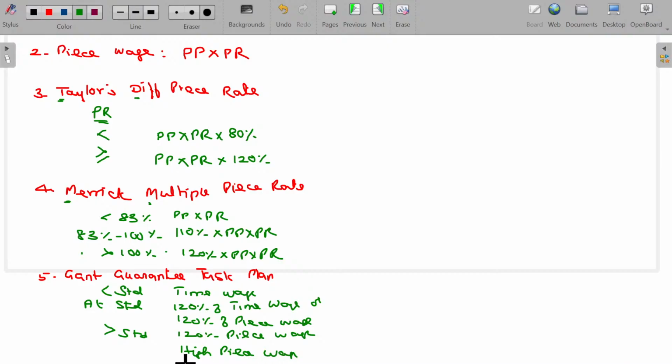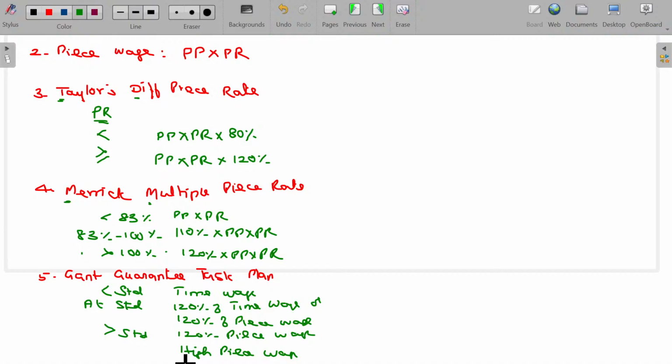So Taylor's differential piece rate system differentiates the below performer and above performer, that's all. Merrick multiple introduced gradual appreciation: just the basic piece rate, 10% motivation for 83 to 100% performers, and 20% appreciation if you are performing more than 100%.